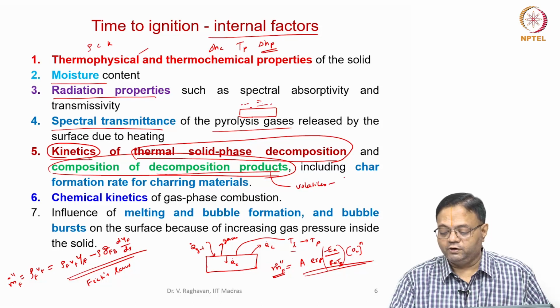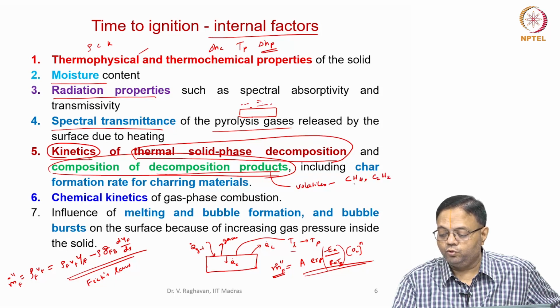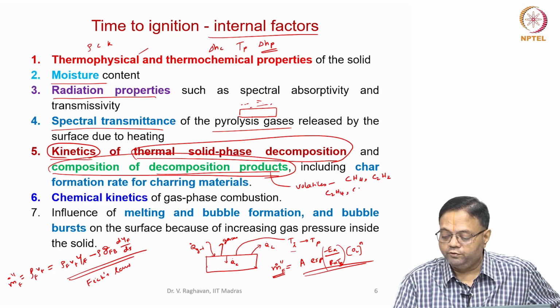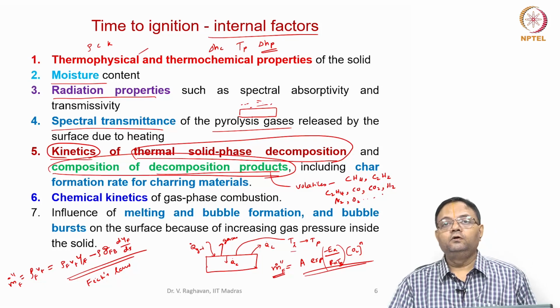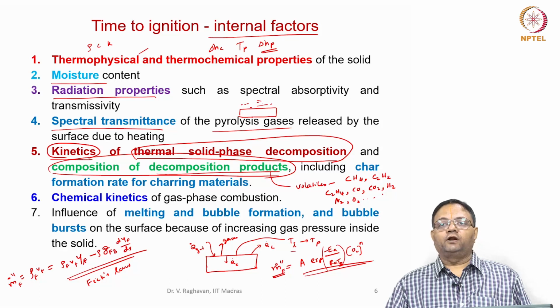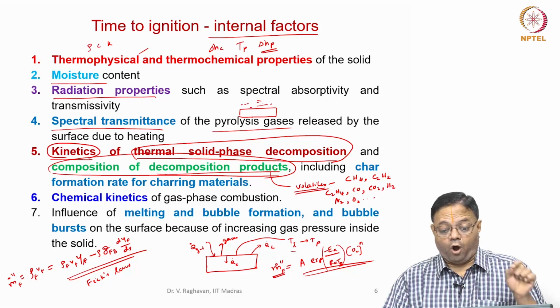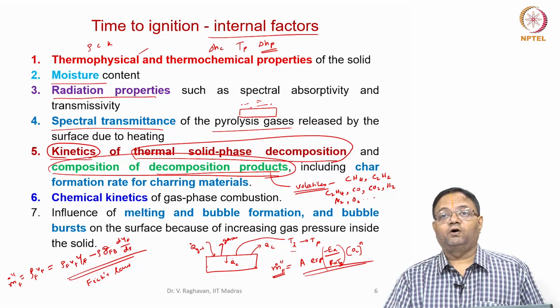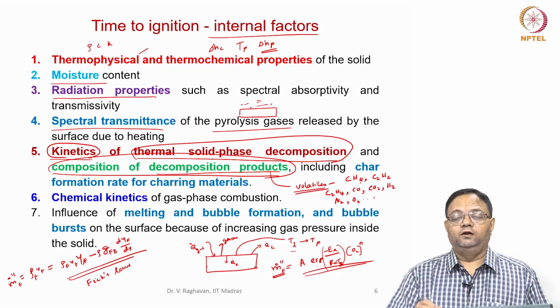The volatile composition can be a mixture of CH4, C2H2, C2H4, CO, CO2, H2, N2, O2, etc. Several unsaturated and saturated hydrocarbons, CO, O2, N2, everything will be there in these volatiles.